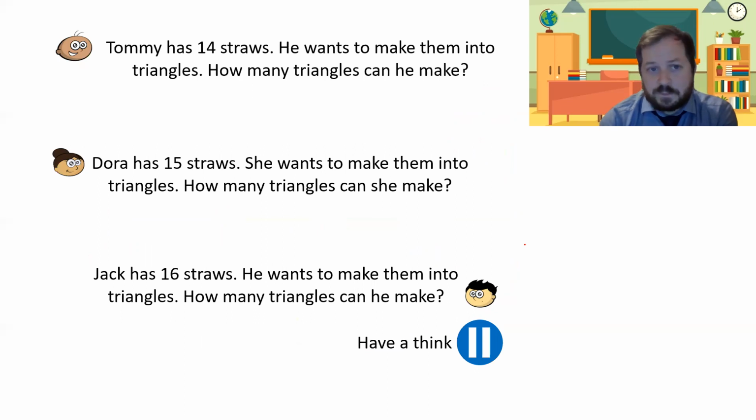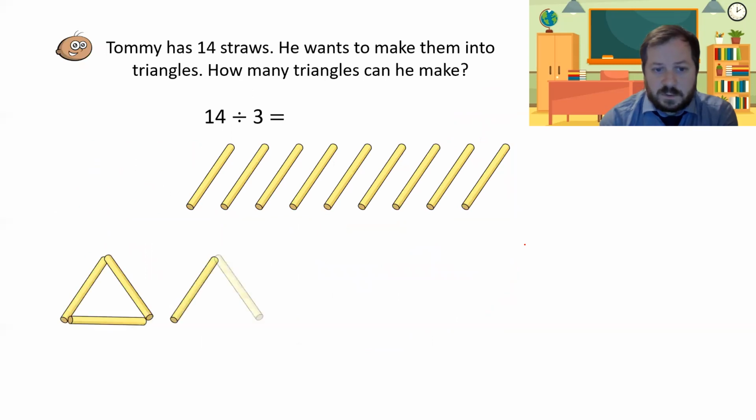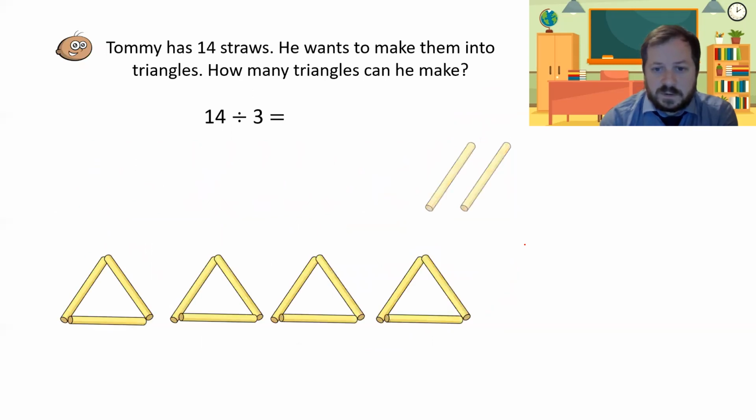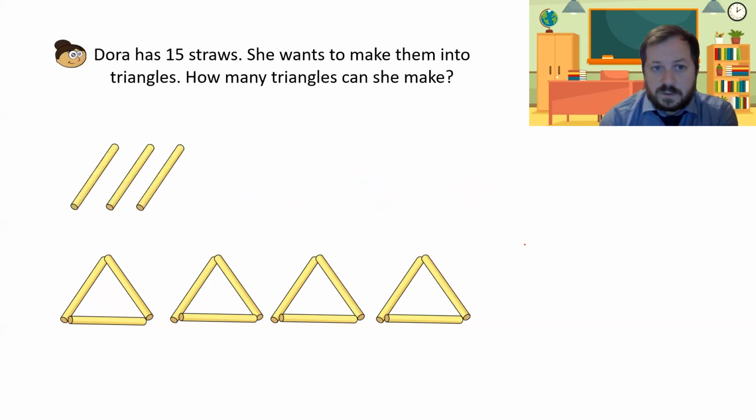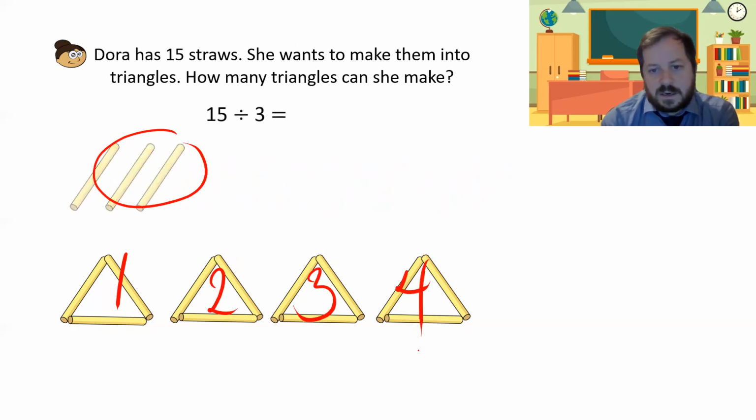Okay, so Tommy uses 14 straws, puts them into groups of 3 and makes 4 groups, and is left with 2. So we're looking at 4 remainder 2. Dora has 15 straws. So the 3 that she would have left over after making the 4 before could be used to make that last group as well.